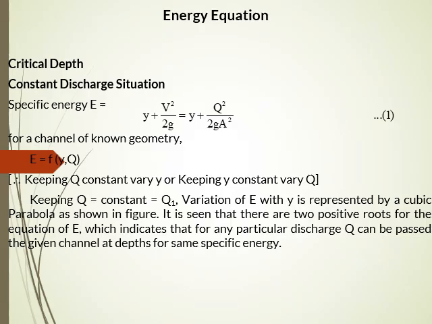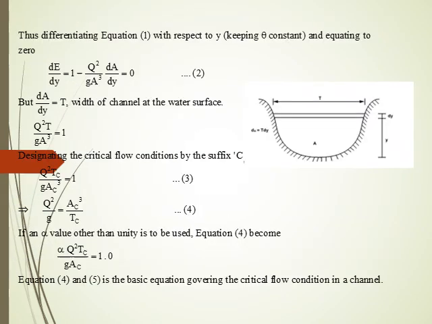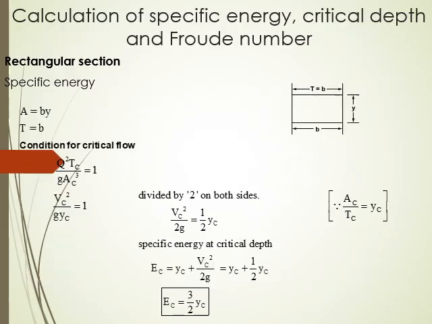This is the condition for specific energy with respect to critical depth. The condition for critical depth is Q square by g equal to A_c cube by T. With respect to this condition of specific energy, critical depth and Froude number, we have arrived at the specific energy equation for a rectangular section.